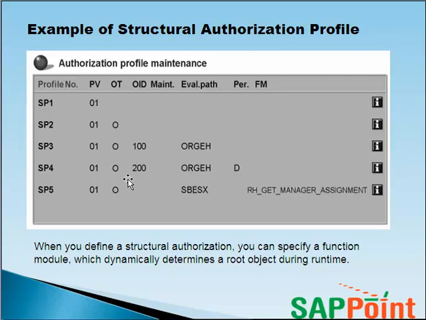So in this case, the root object ID is determined dynamically at runtime by using this function module. So when you use a function module, you need not, or should not, enter a value for the object ID field.